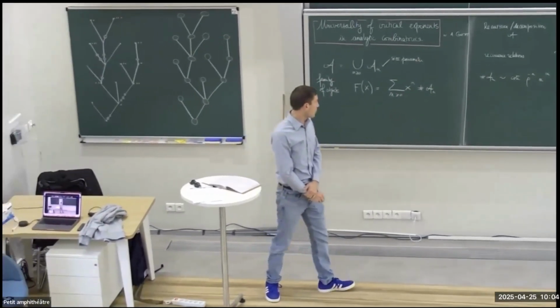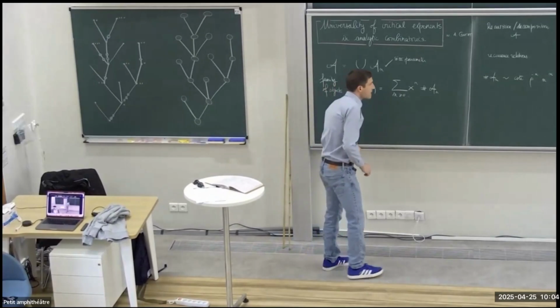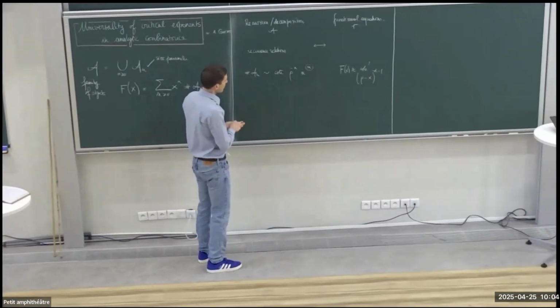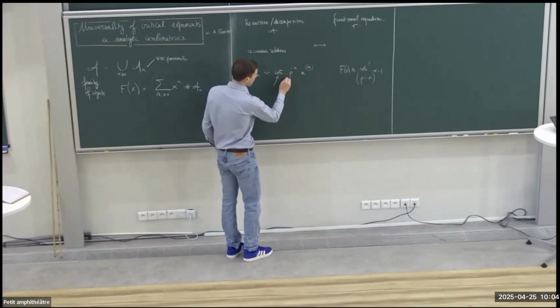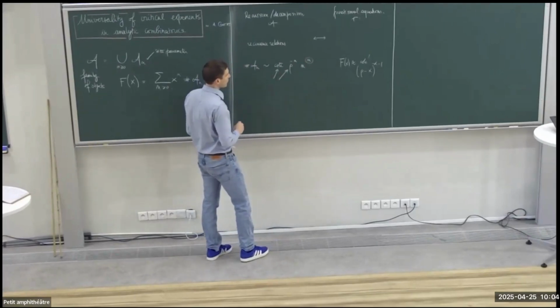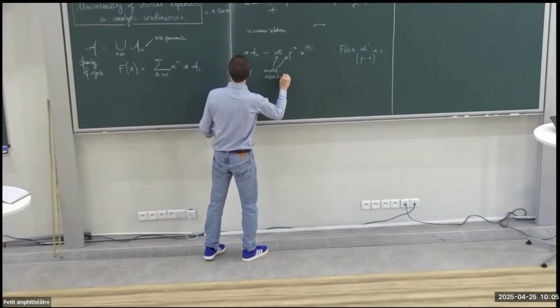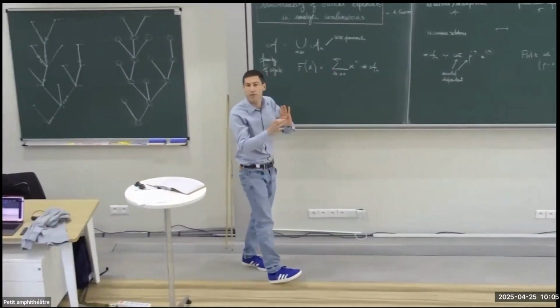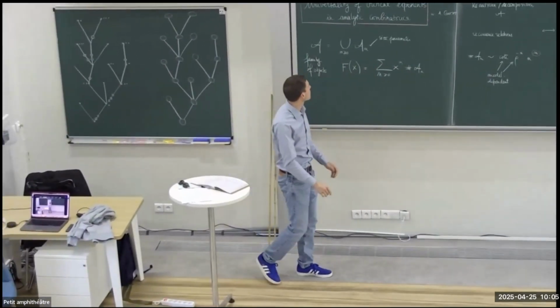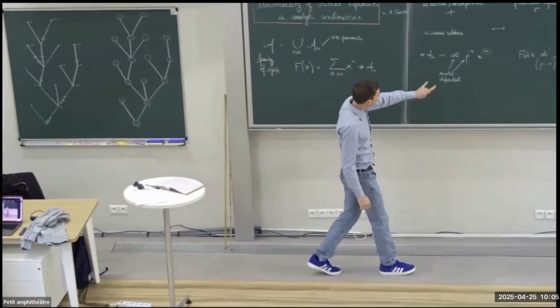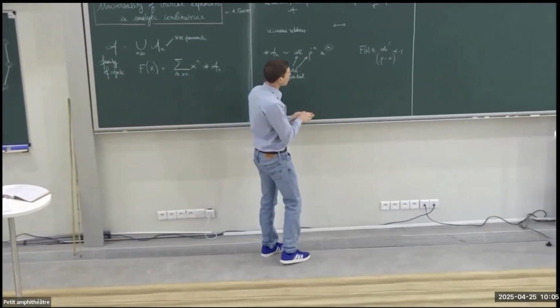Okay, so this exponent here is the important one in the story because the exponential growth and the constant are model dependent, meaning that if you change a little bit your family, but with the same large-scale structure, let's say, then those will change dramatically, and this one will stay the same.